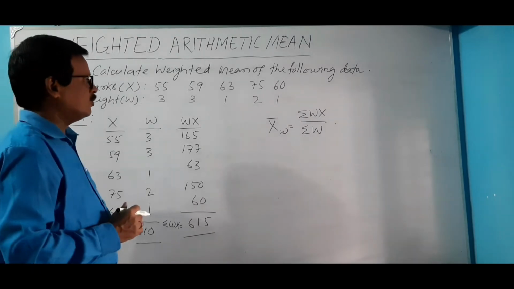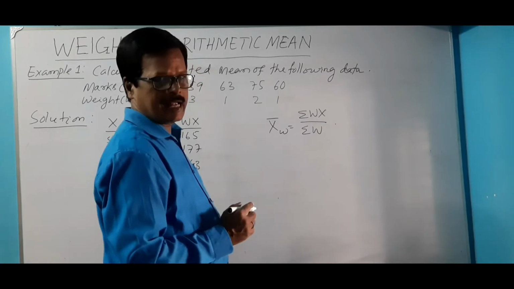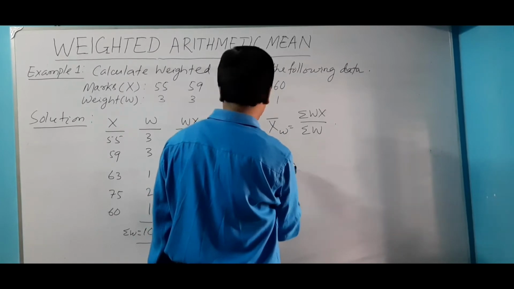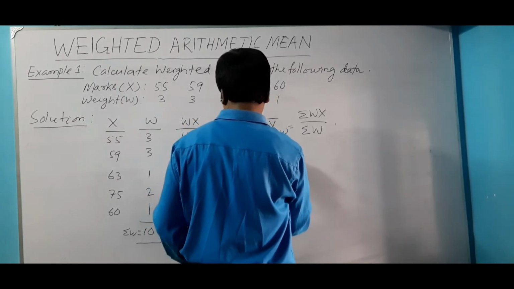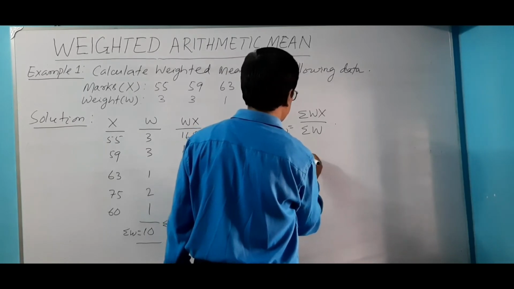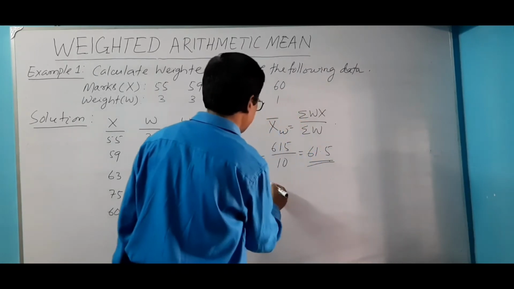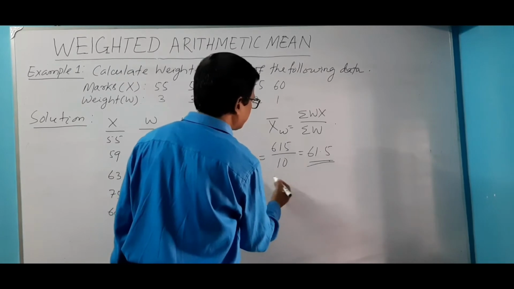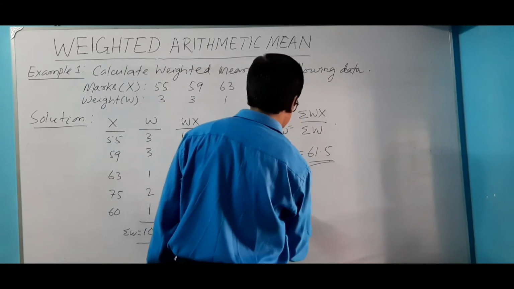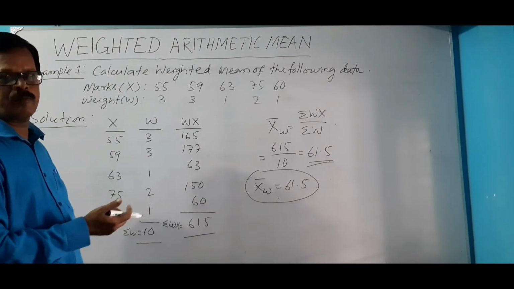Now we put in the formula to calculate weighted arithmetic mean: X W bar is equal to summation Wx by summation W, that is 615 divided by 10, which is equal to 61.5. So this is the answer: the weighted arithmetic mean, X W bar, is equal to 61.5. Note it down.